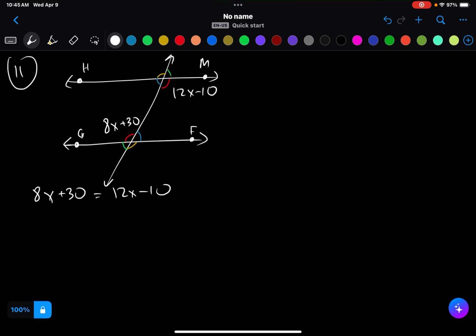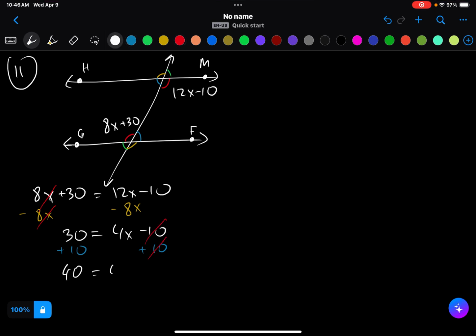get rid of one of the x's. Again, I think the smaller one is easier, so get rid of the 8x on the left side. So the x's are gone on the left side, leaving you with just 30. On the right side, you get 4x minus 10, and now just solve for x like you would normally. So add 10 to both sides to get rid of that minus 10. So that's gone here.